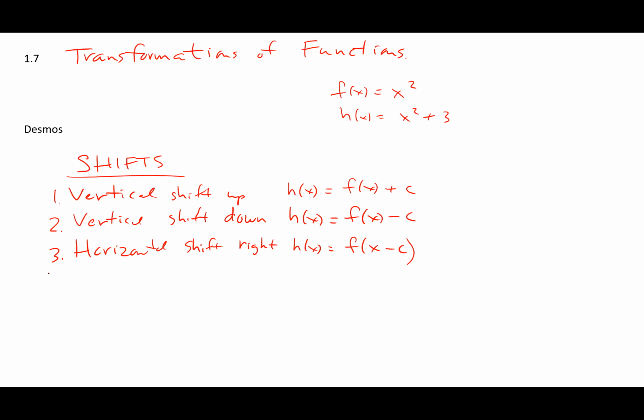And then horizontal shift to the left. If you're shifting to the left, you're adding the c value this time. So those are kind of backwards than you'd normally expect them.